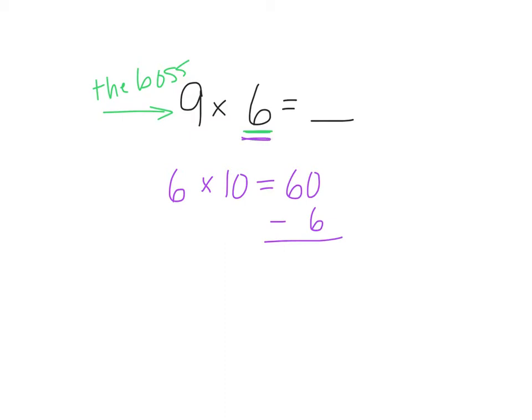So 60 minus 6 is 54. So 9 times 6 is 54. If you think back to that number line, the difference in the hops, if we've done 6 hops, is 6. So that's where the subtraction part comes in.